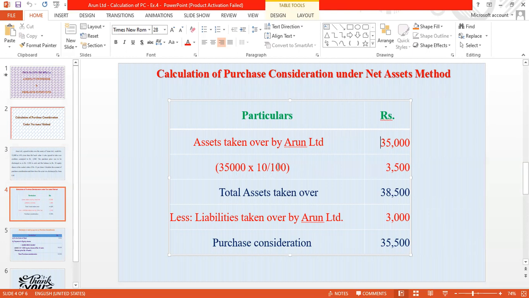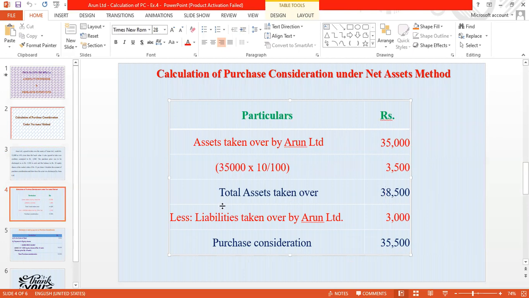Solving it, we get 3,500. Now the total asset value taken over is 35,000 plus 3,500, which is 38,500. This is the value taken over by the company.